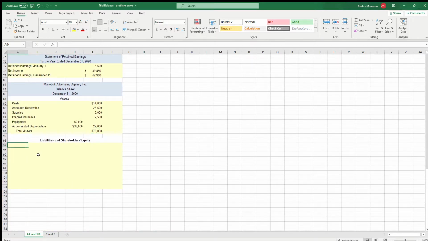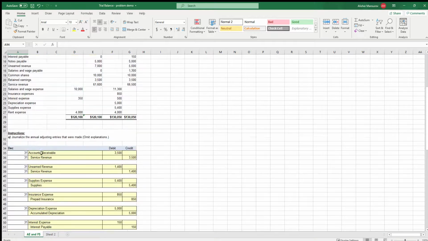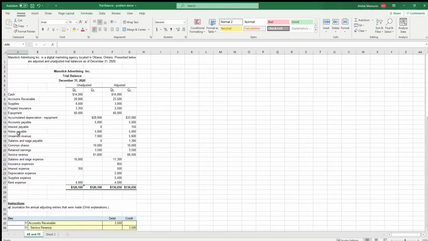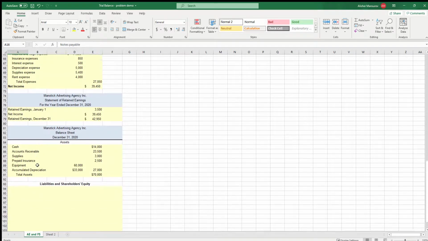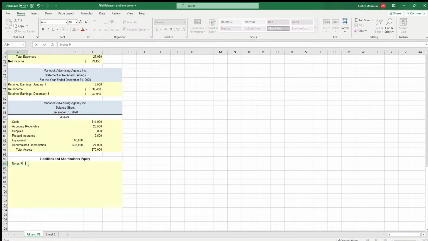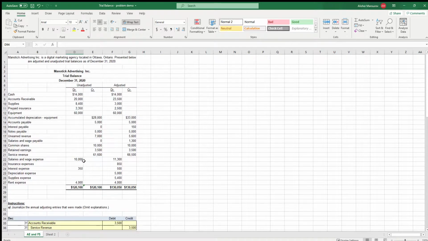Next we have liabilities. For liabilities, we'll start with less liquid liabilities here. So it looks like we have notes payable first. So notes payable, which stood at I think 5,000.